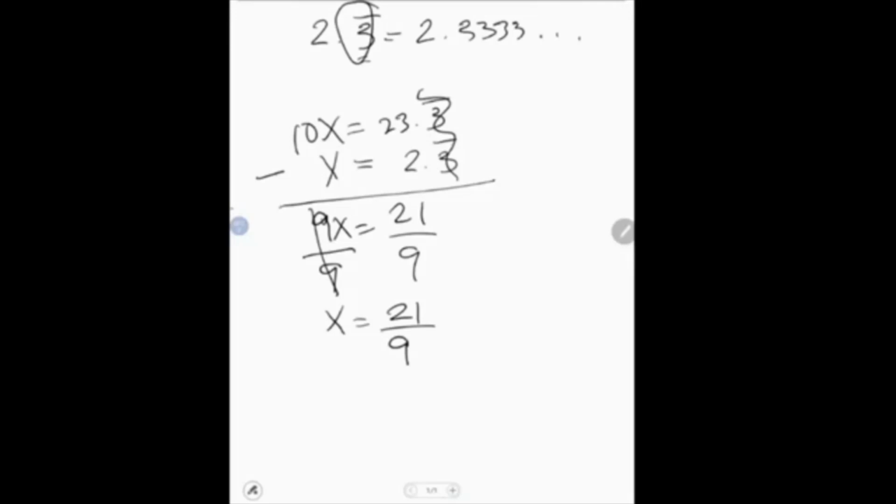The greatest common factor for 21 and 9 is 3. So we divide it by 3. So x would be 21 divided by 3, that is 7, and 9 divided by 3, that is 3. So our answer is 7 over 3.